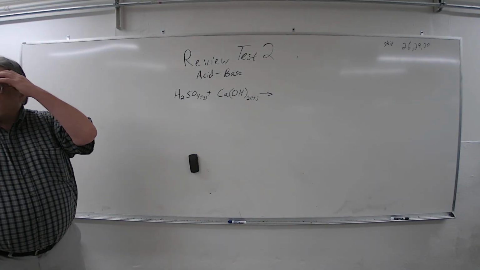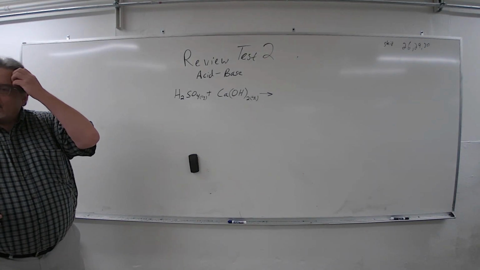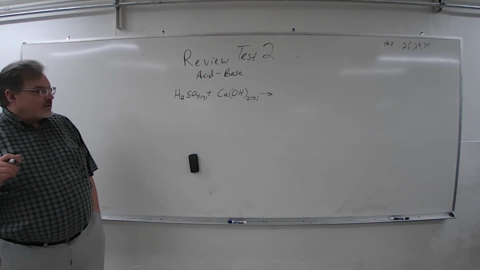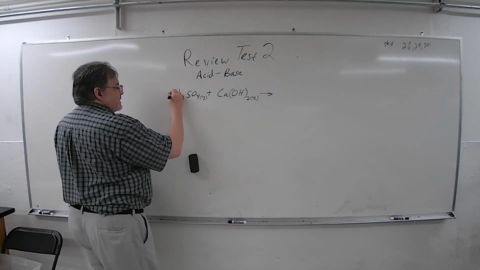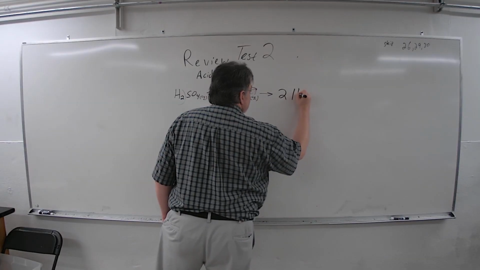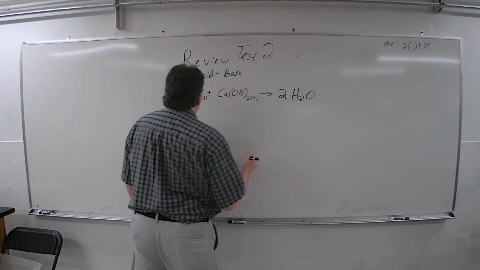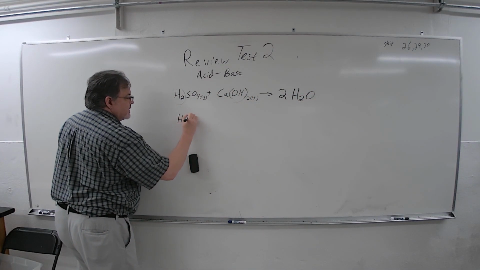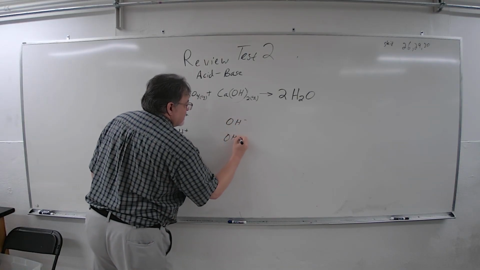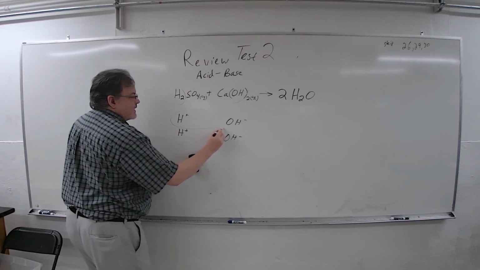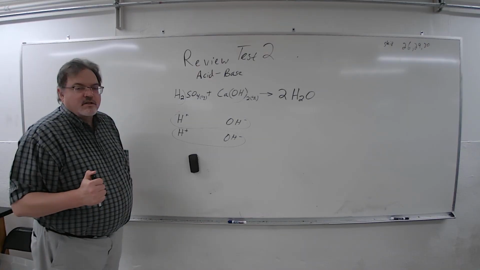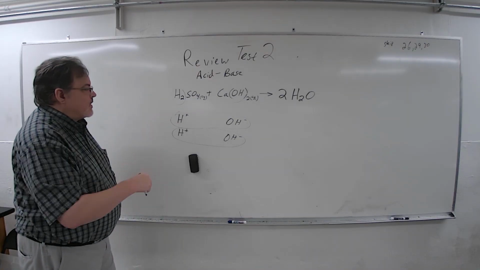Sort of the hallmark of a strong acid and a strong base when they react. Oh, you have water and you have salt. So these two H's and these two OHs are going to make two H2O. So we've got an H, an H, and an OH, and an OH. So that'll make an H2O, and that'll make an H2O. Two H's and an O. So there's my two water molecules.